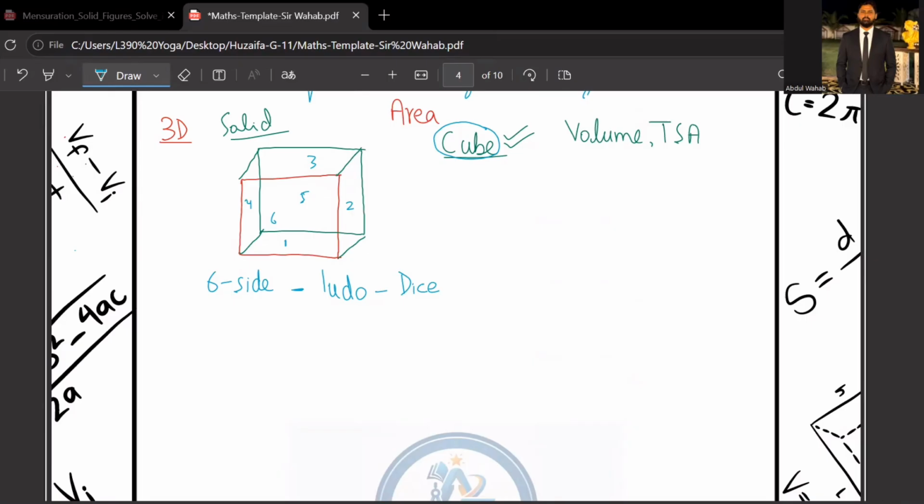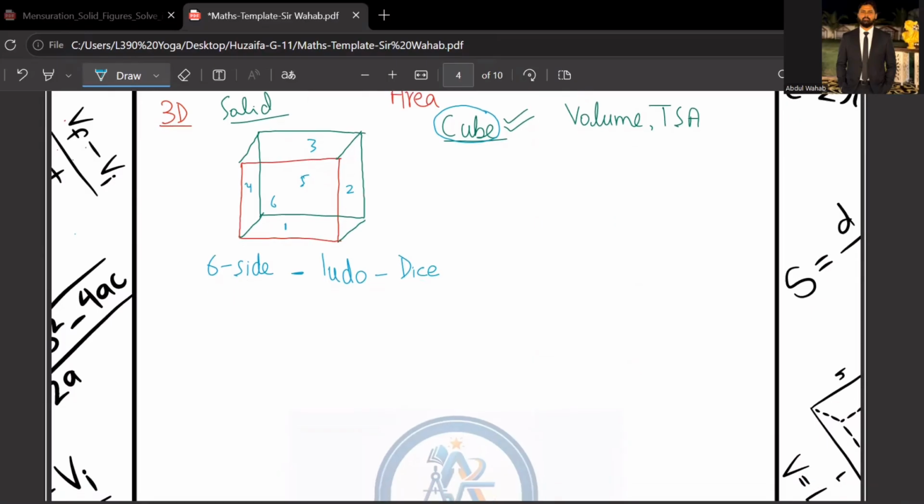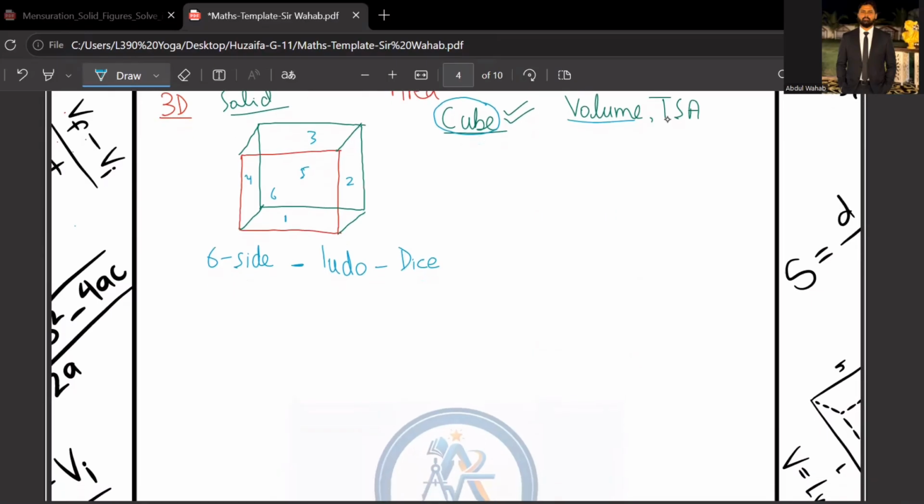If all the sides of the figure are equal in the form of a square, then obviously it's a cube. And in 3D figures, what we need to focus on is the volume and the total surface area. So what must be the volume of this cube? For the volume of this cube, we just multiply length by breadth by height.